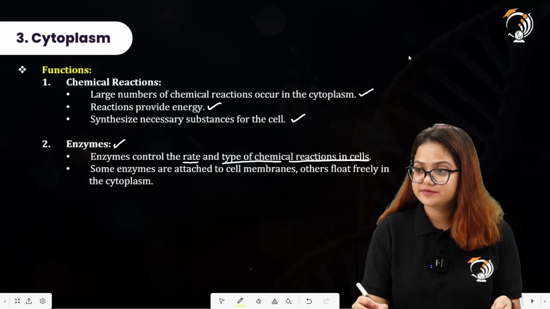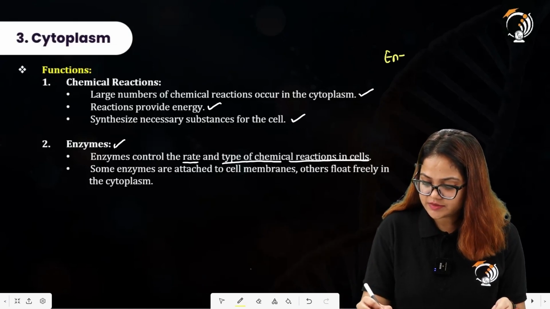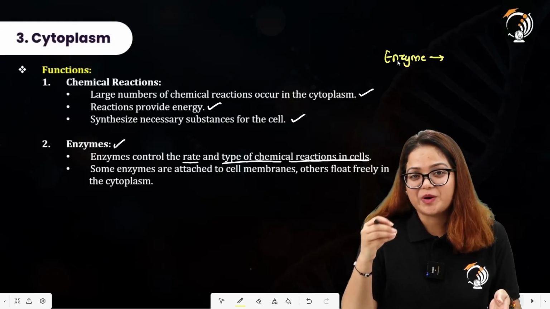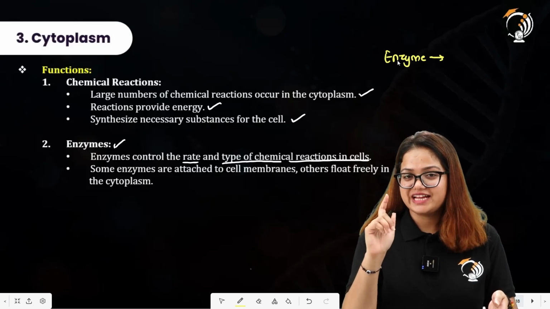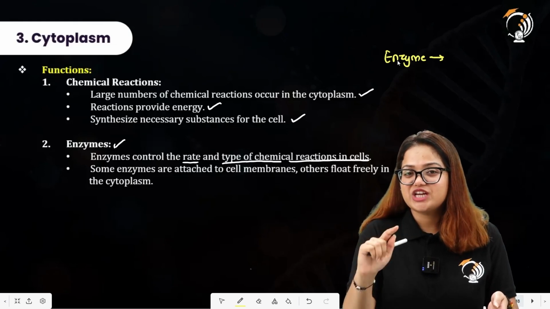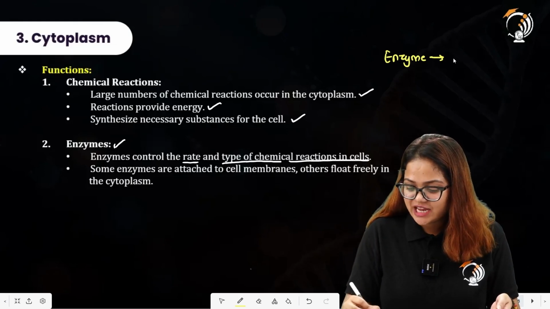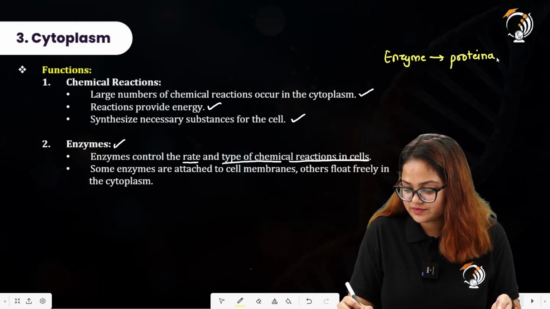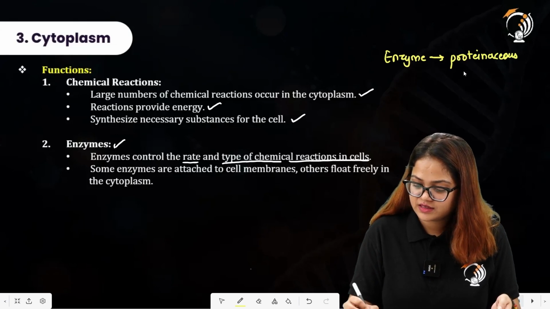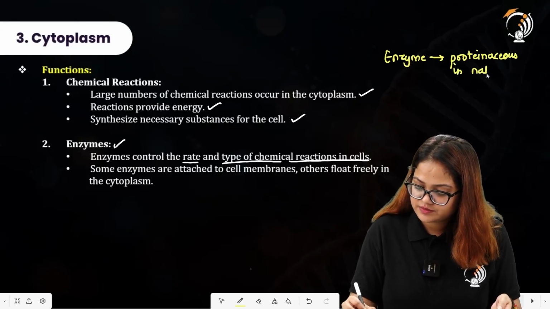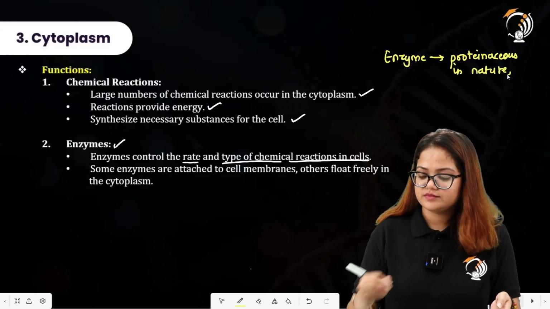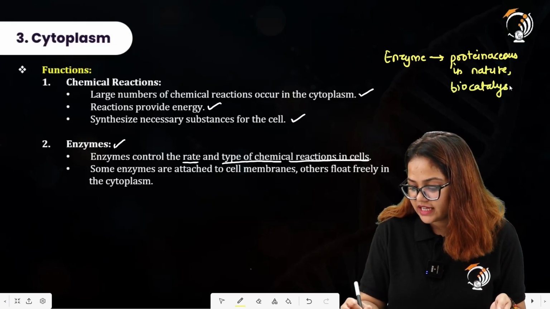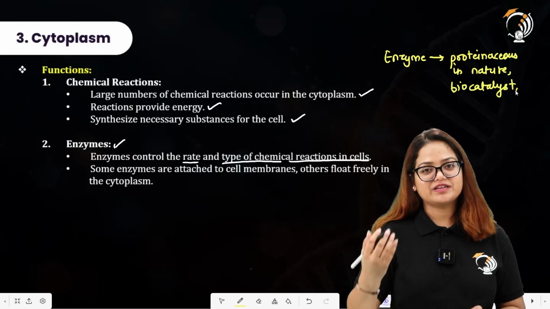I had already discussed enzymes in the previous chapter. Enzymes are proteinaceous in nature. They act as biocatalysts, which means they increase the rate of chemical reactions.